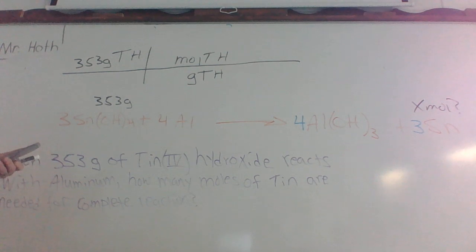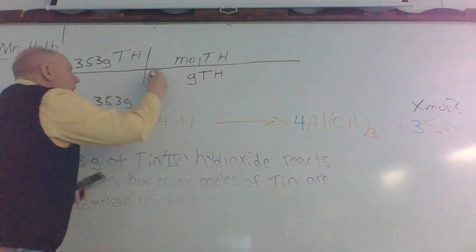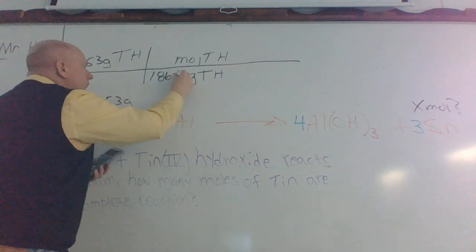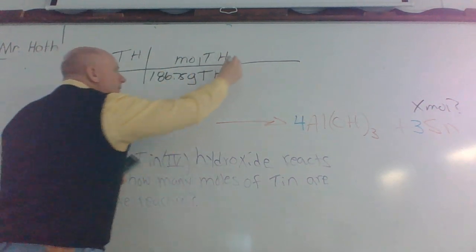Sixteen times 4 is 64 plus 4.04 for your hydrogens. We get 186. Is that right? Okay.